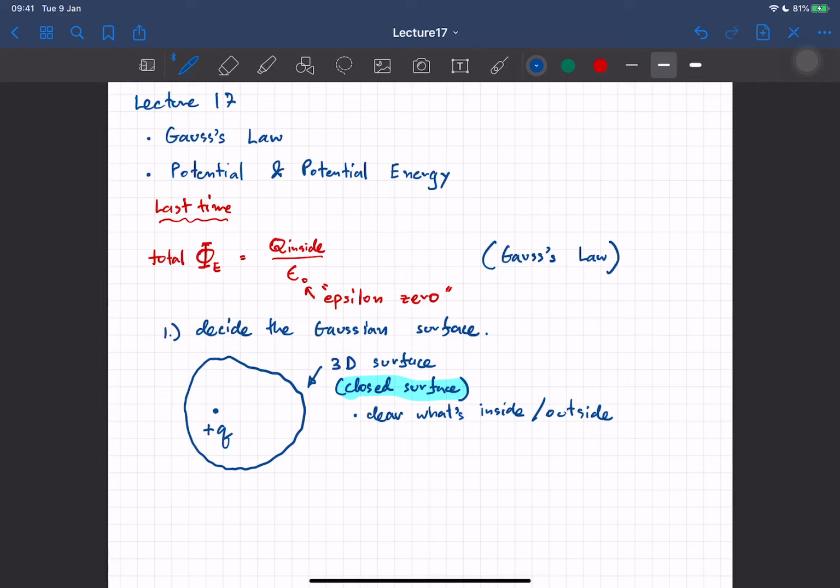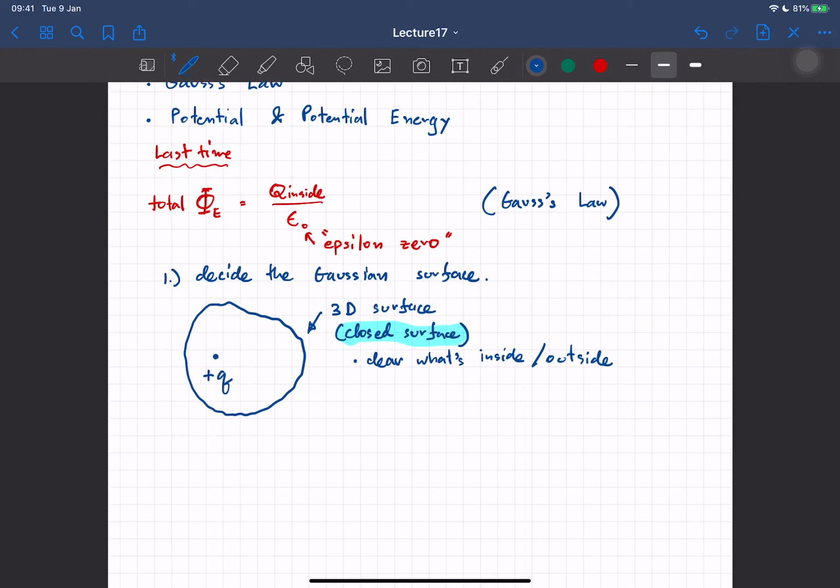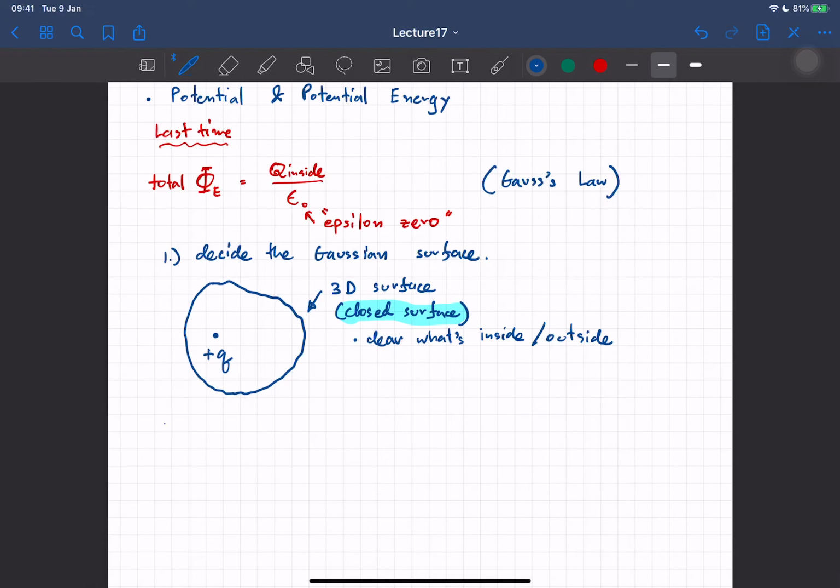Anyway, once you pick the surface, you just have to count. That's going to be step number 2. Once you decide what surface you use, we're going to call that a Gaussian surface. Essentially, it's a surface that we're going to apply Gauss's law to.